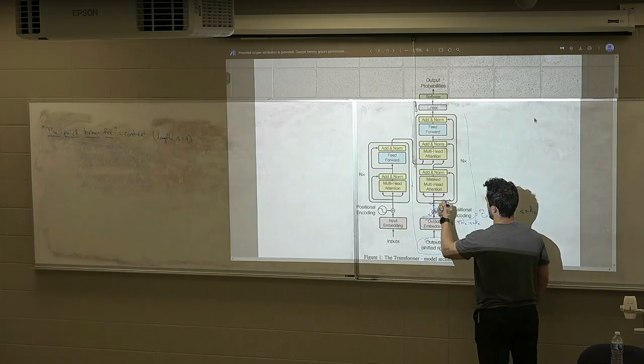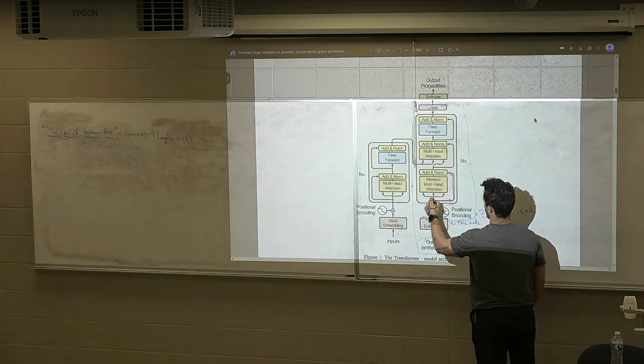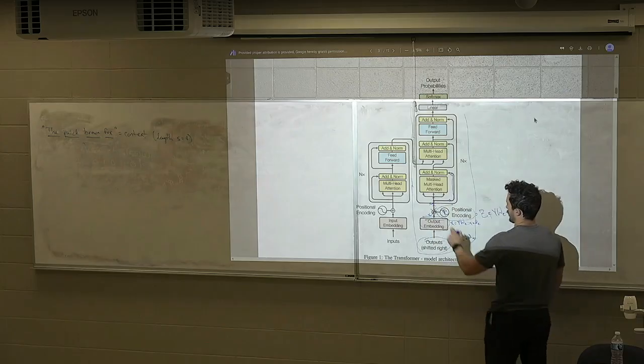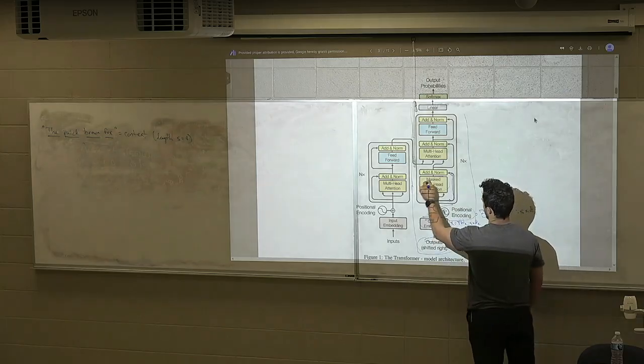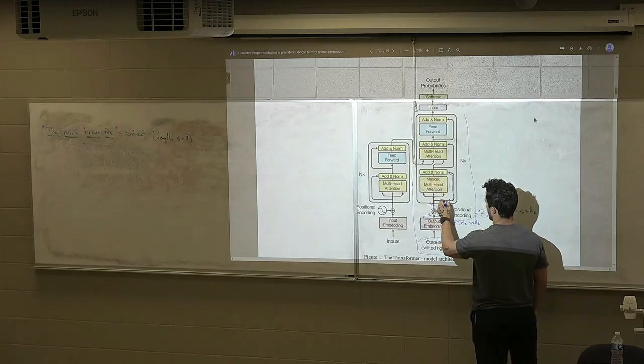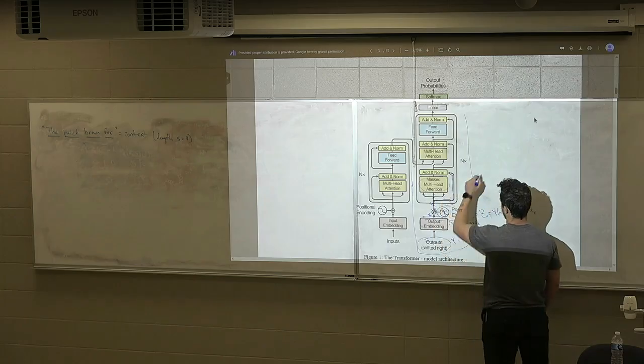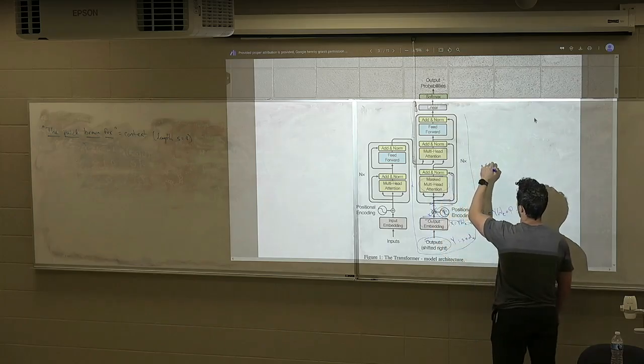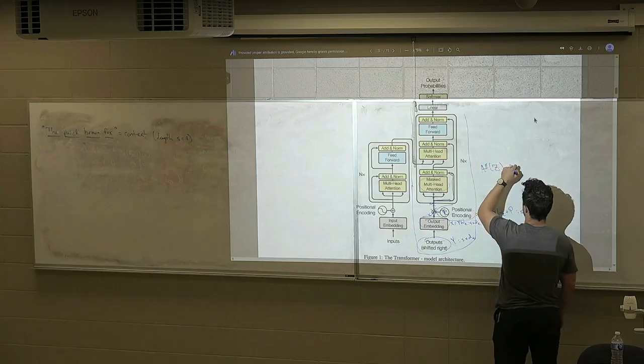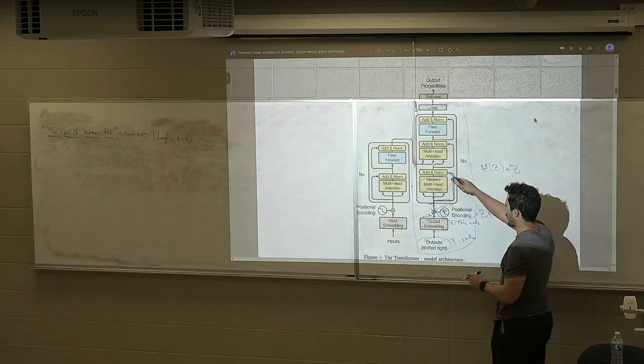So X plus P, or Z, is going to go one way up here, and it's also going to get processed through here. And you're going to take the results of whatever the attention spits out, and then add it to the original Z. So basically, you're taking the attention of Z plus Z, and then you'll do this add and norm operation.